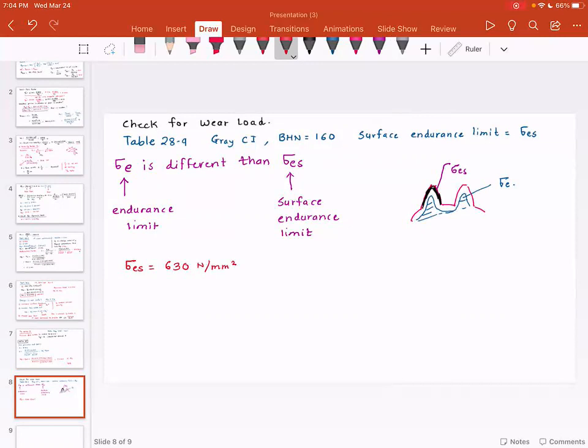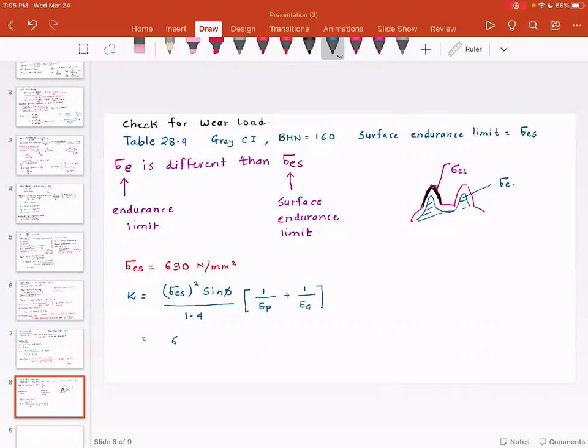With that, let's find out the value of K. Value of K is sigma ES square times sine of phi divided by 1.4, times (1 divided by EP plus 1 divided by EG).